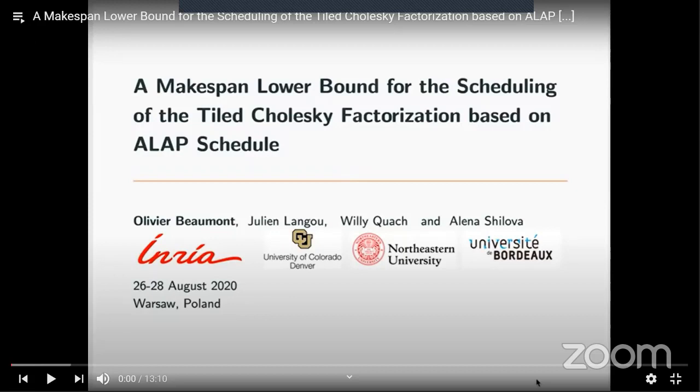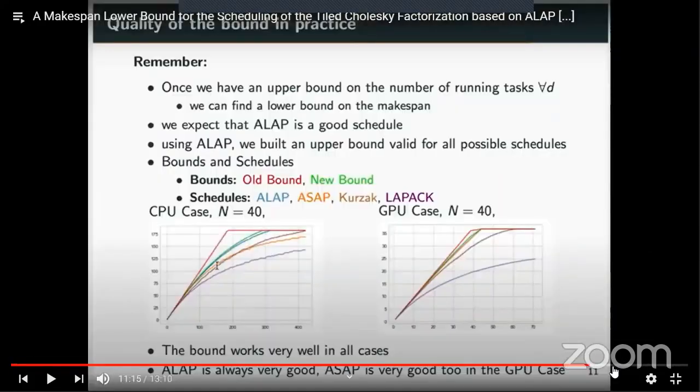So I got the question of Hatem, and the question is whether we can extend these techniques to QR and LU. The answer is yes, we can. But to go back to the last slide, the goal would really be to try to find a way to do this automatically.